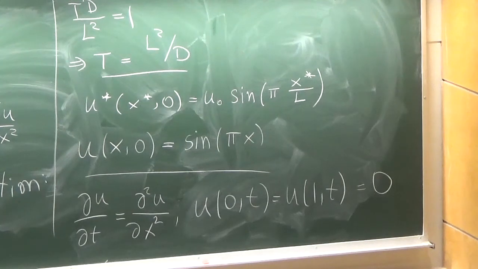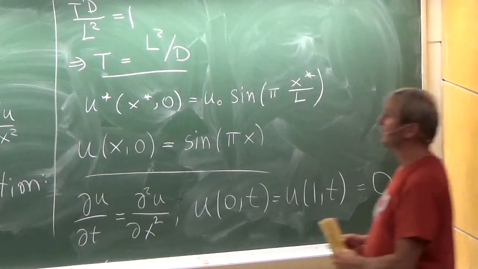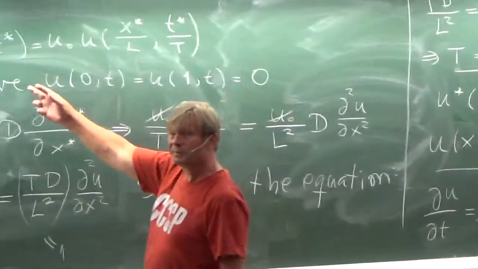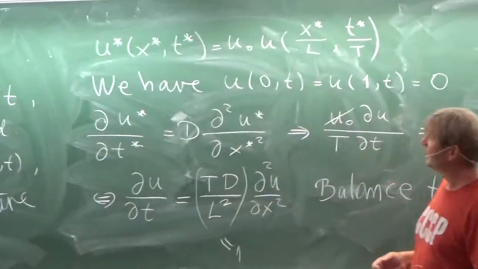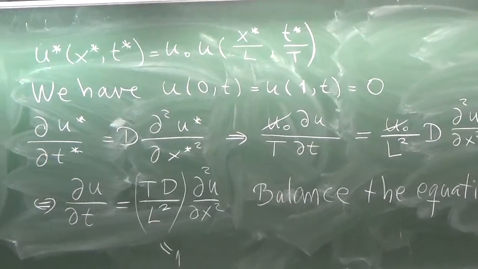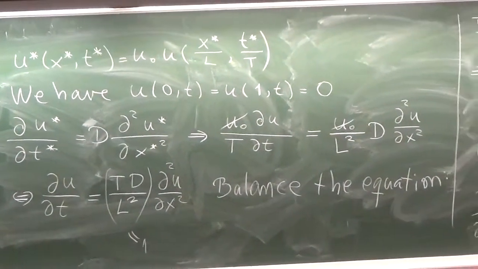So we see that there are actually no physical constants in the dimensionless problem. We need only to solve one case, and then we have all the solutions, for any D, any u naught, any L.